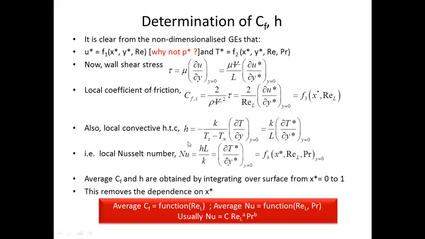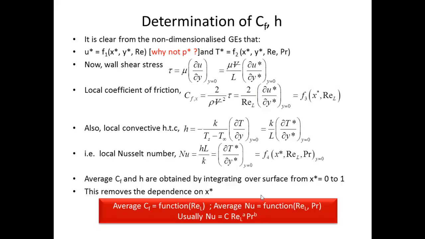Similarly, the definition of the convective heat transfer coefficient H was like this, which we have discussed in the previous lecture. So this also we can non-dimensionalize. Recall that T star was T minus Ts by T infinity minus Ts.